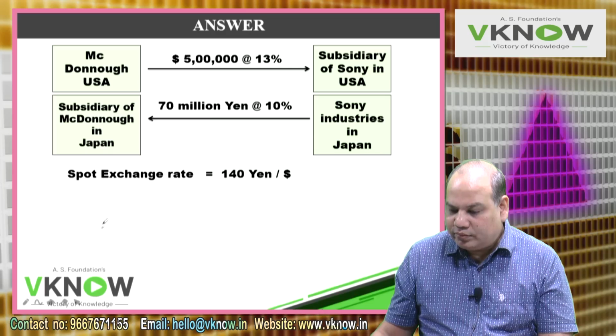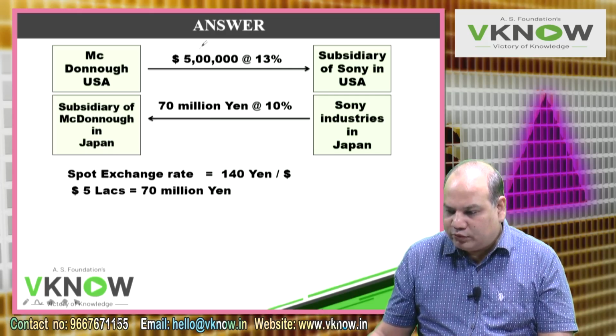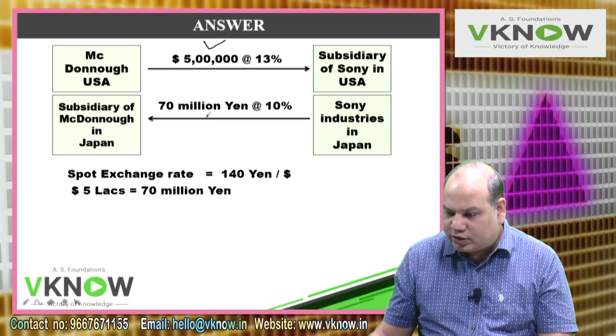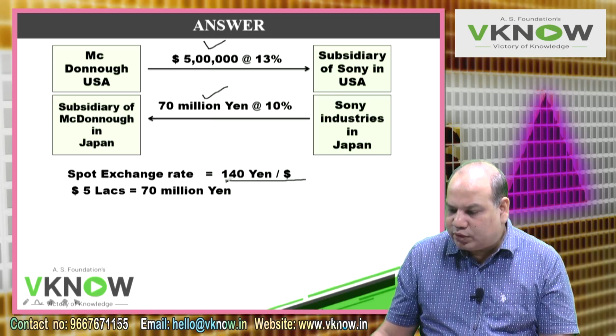Then they are saying $5 lakh is equal to 70 million yen. So whenever you have a doubt how these two figures are equal today, it is because of the exchange rate. $1 is equivalent to 140 yen. So 70 million yen is equal to $5 lakh.